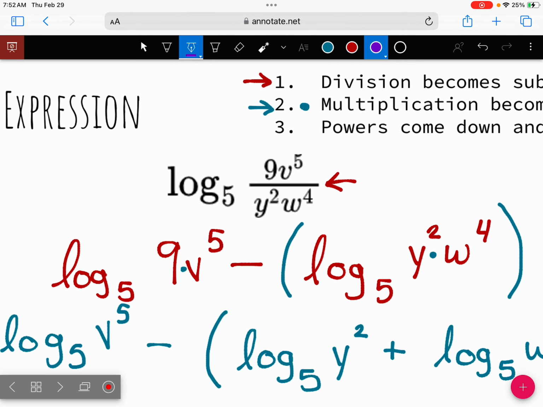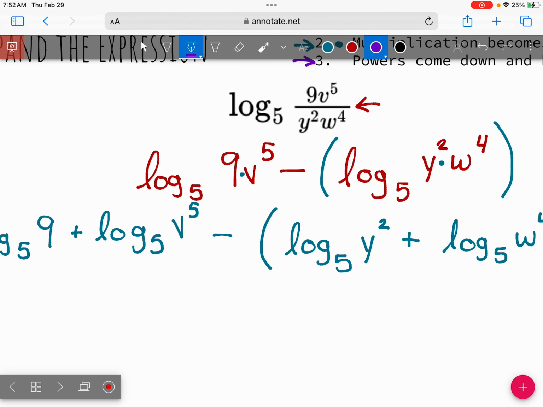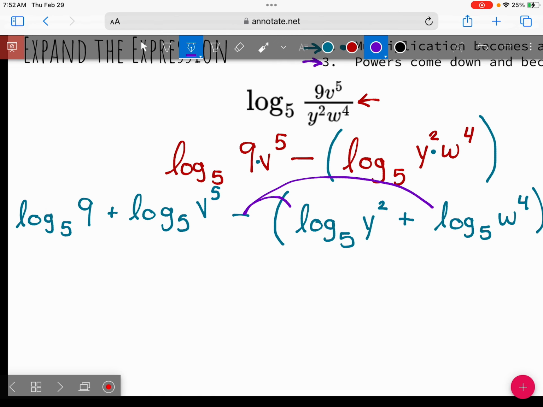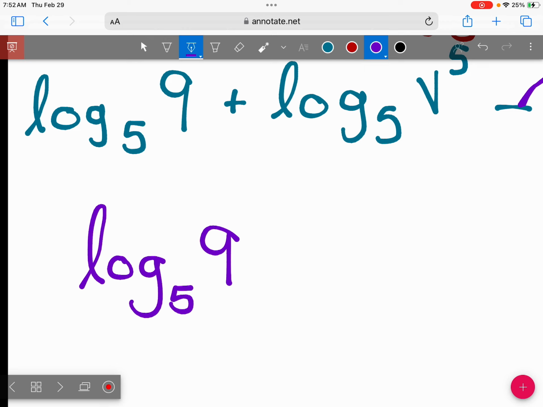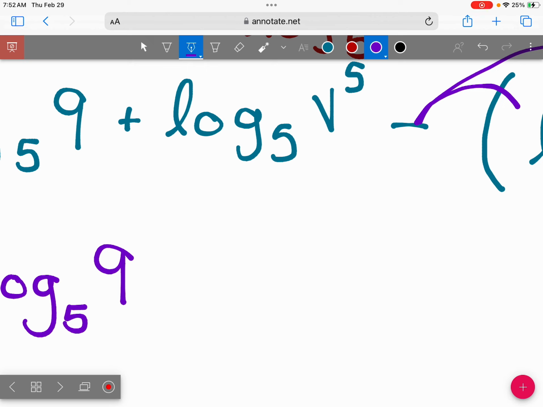So our last step here is that our powers are going to become multipliers. And at the same time, I'm going to distribute this minus sign through because I don't want to have to rewrite it a whole other time for that. So our log base 5 of 9 doesn't change. This guy hangs out. Then this 5 is going to come down and be a coefficient.